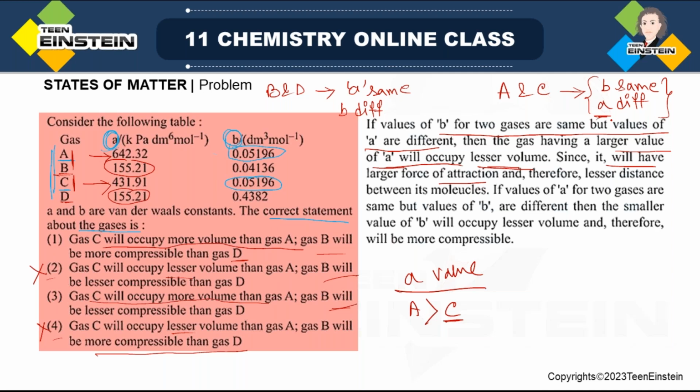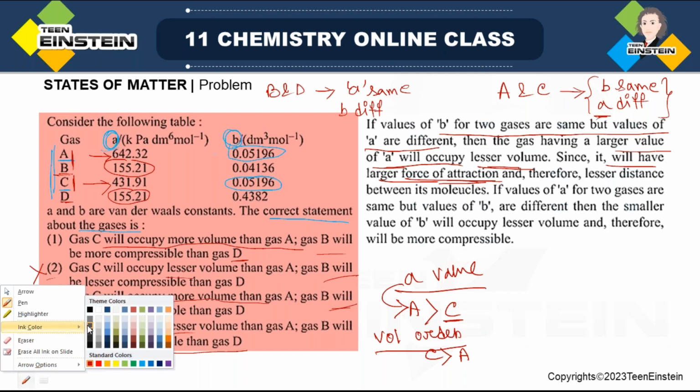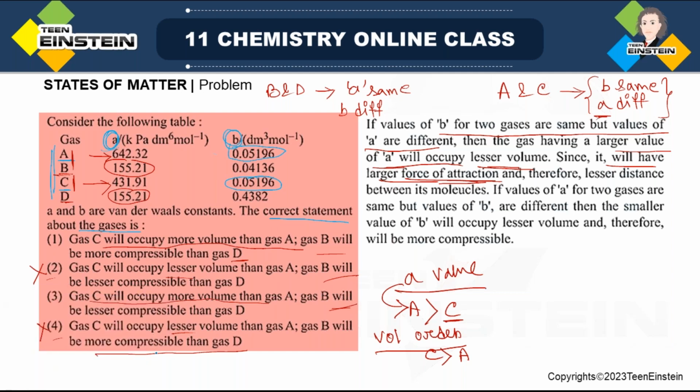A high a value means large force of attraction, so there will be lesser distance between its molecules, and obviously it will take less volume. So when the a order is like this, the volume order will be opposite. Now C has more volume than A, so according to that logic, option 1 or 3 will be correct.